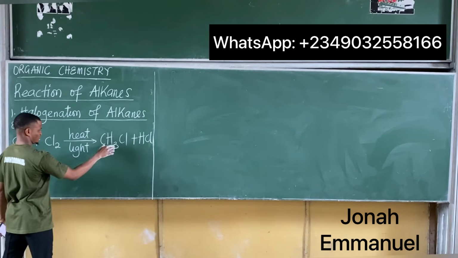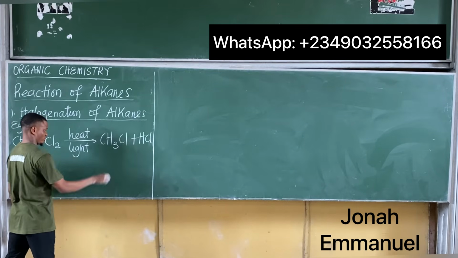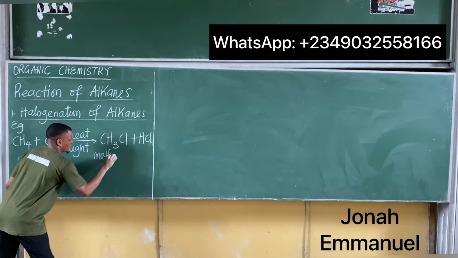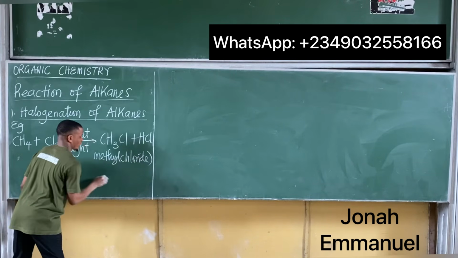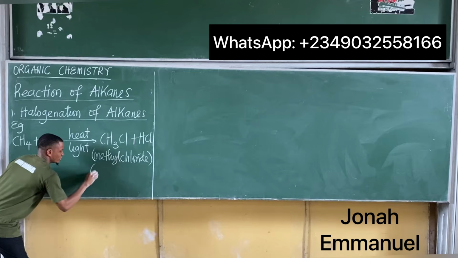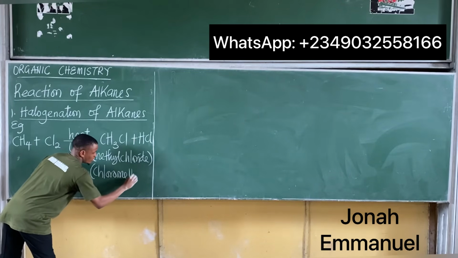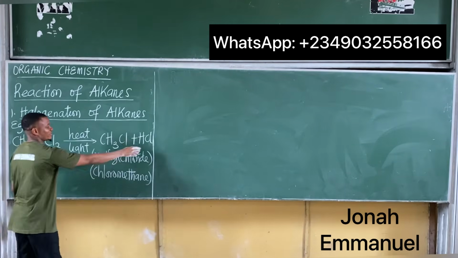CH3Cl is methyl chloride or chloromethane. We'll choose to call it chloromethane. What's HCl?